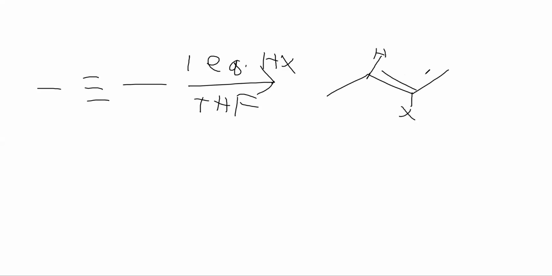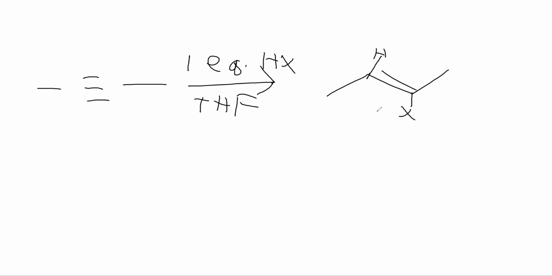When we add one equivalent of HX, which is like HCl or HBr, it doesn't really matter where the hydrogen and where the halogen go because, again, there's no regioselectivity, and it doesn't have to be trans, or like the stereochemistry is irrelevant. You can't tell which side it's going to attach to.